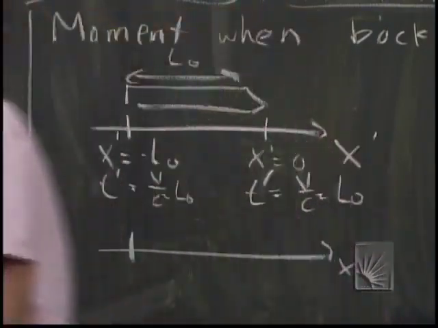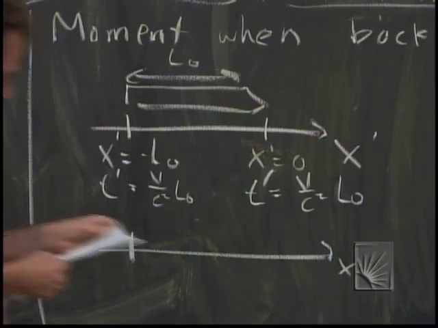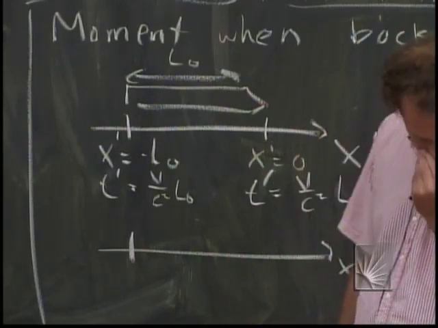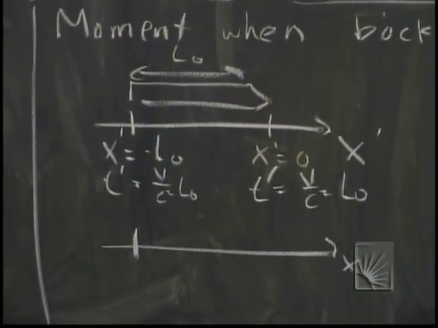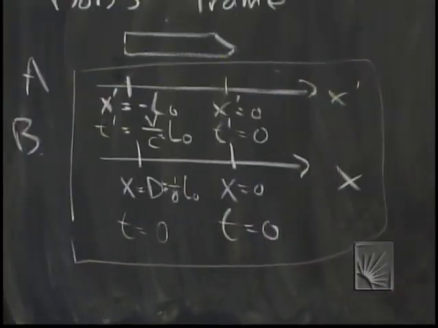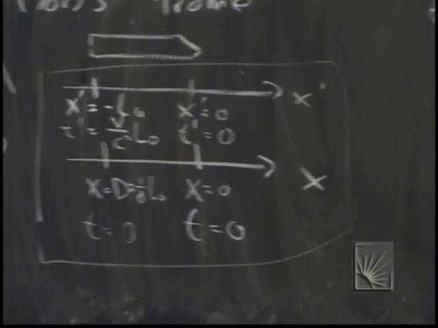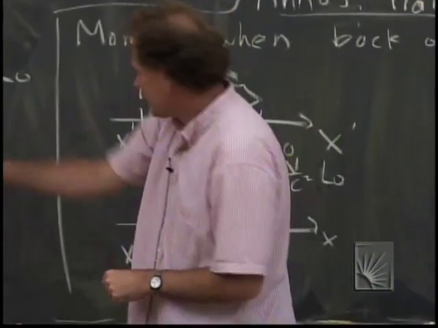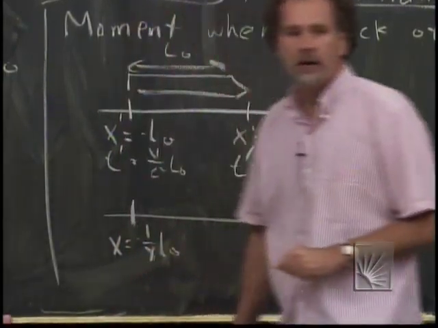Well, we're still talking about that actual moment in time. That was an event. That event happened for Bob in his frame at x equals minus 1 over gamma L0.